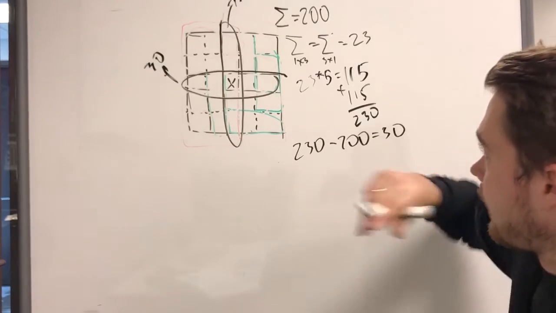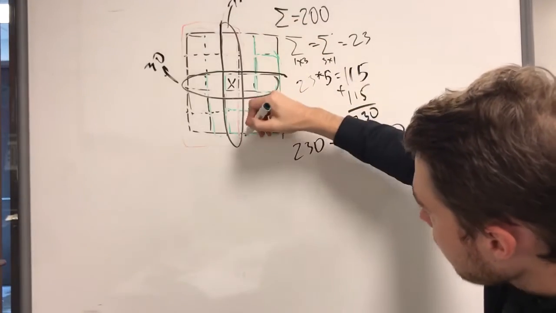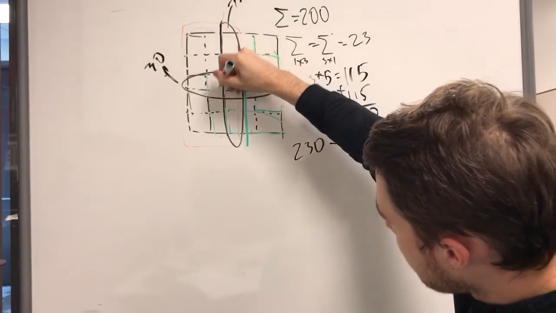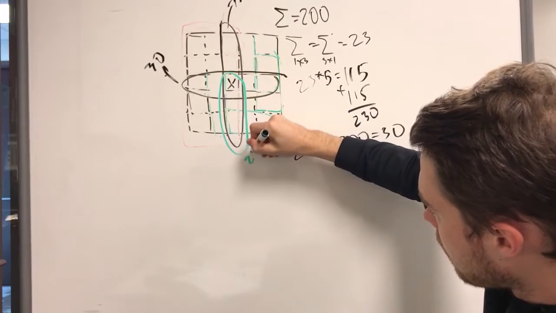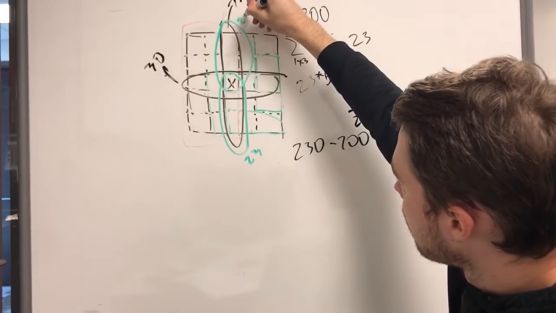Take a look at this. This column is comprised of 5 numbers, and we know that the sum of these 3 is 23, and the sum of these 3 is also 23.